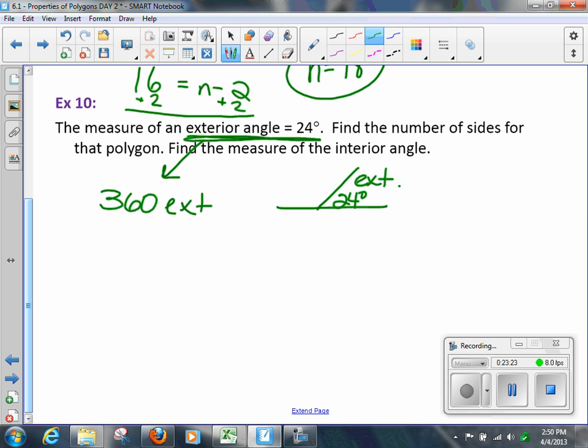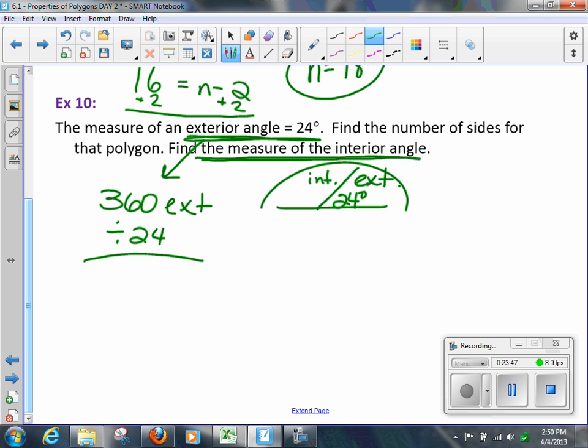Okay. What about 180 minus 2? Well, all that would do is give me the interior angle measure. Hold off on that just a second.